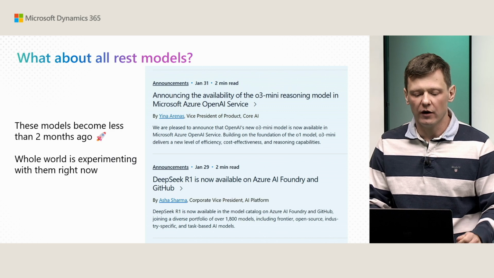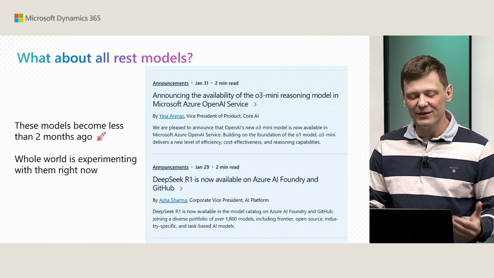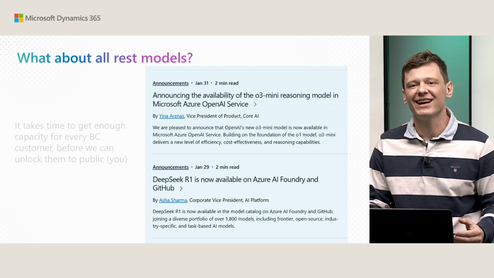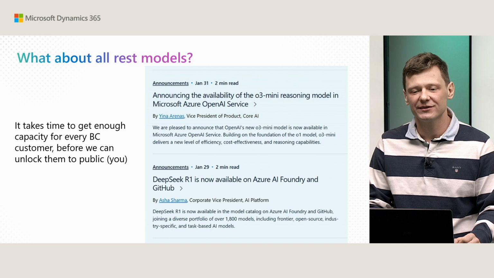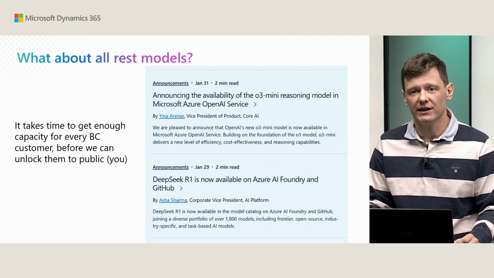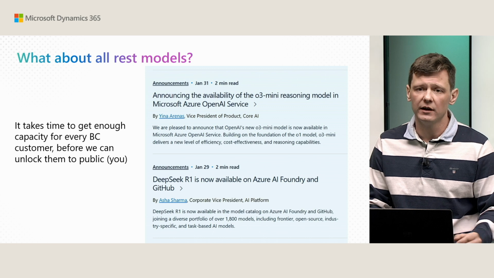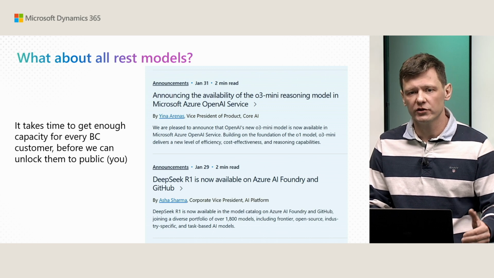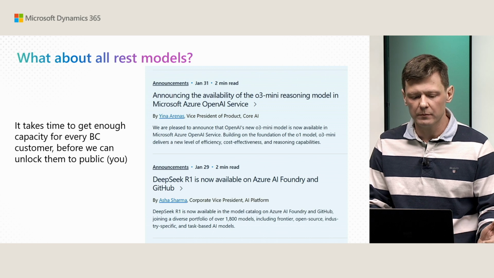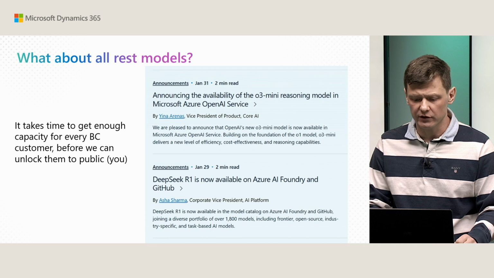And the truth is, of course, the whole world is experimenting with those models right now, but before we, as Business Central, can give you access to those models, we need to make sure that all over the world, where we have our BC customers, and that's a lot, in all Azure regions, we will have enough capacity of those models. Once we reach that point, so we can support you in production, then of course we'll roll out more and more models as they come. But for now, you have a couple of them, which is great, so we want you to stick with those.